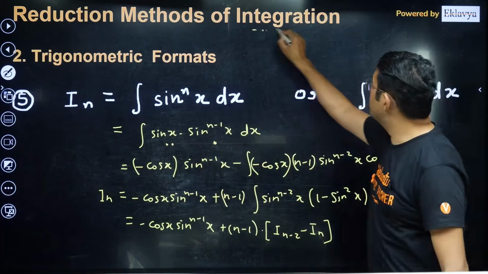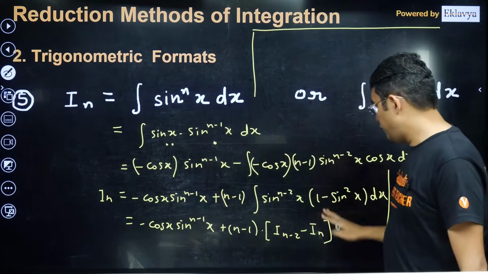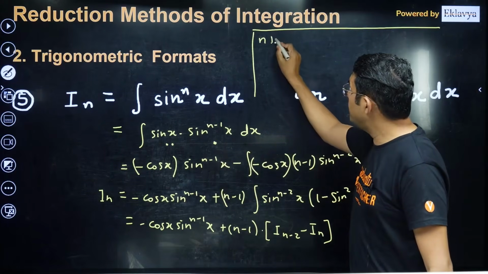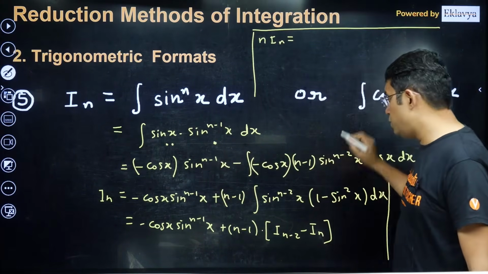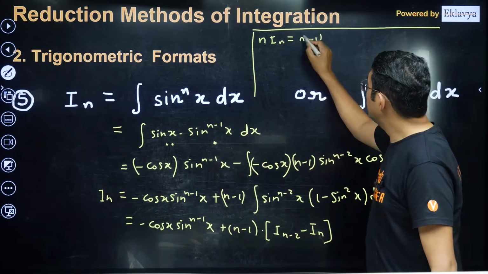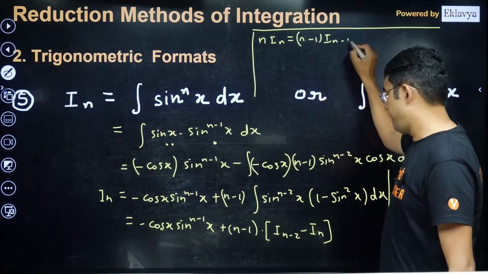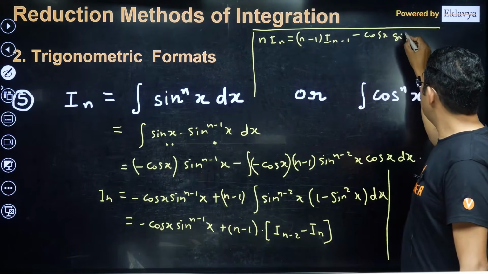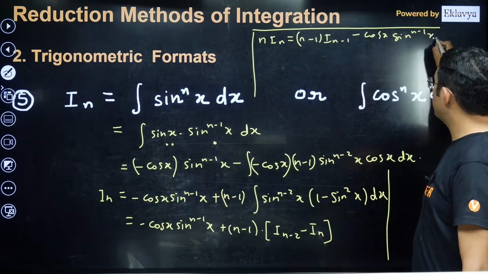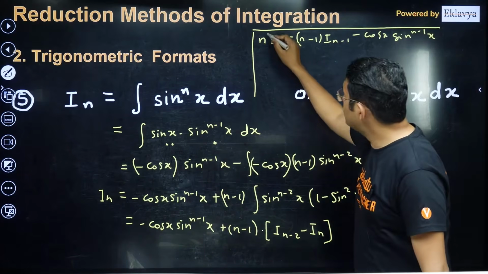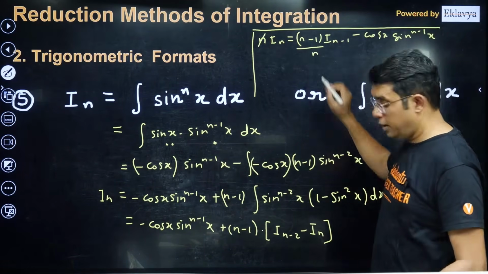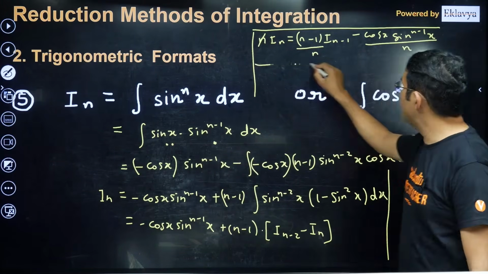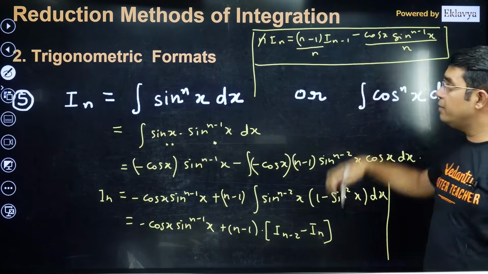If I take In on that side, I will be getting n times In, and that will be equal to n minus 1 into In minus 2 minus cos x sine raised to the power n minus 1x, and you can take some c also. Let me remove this n from here. We will be getting this whole divided by n also. So this is the relation for In in terms of In minus 2.